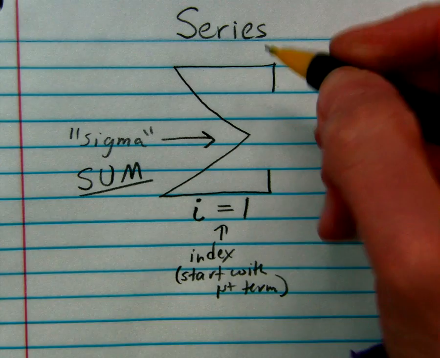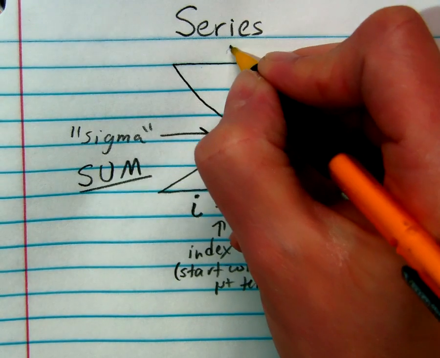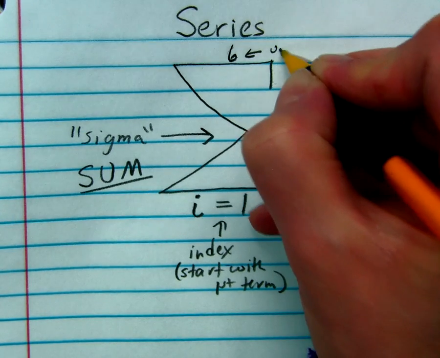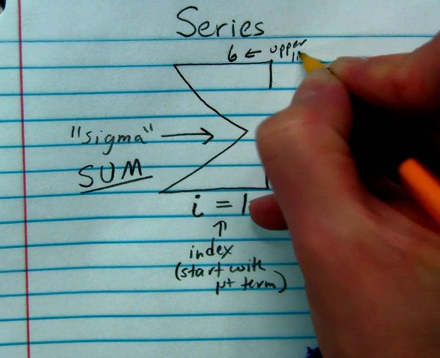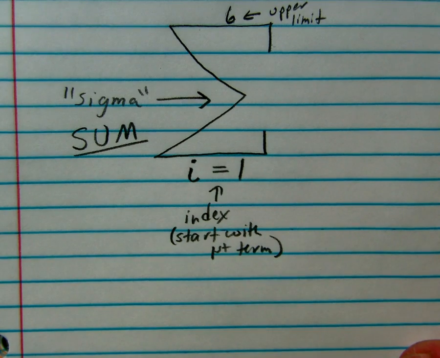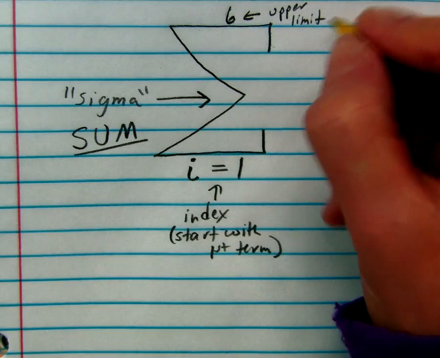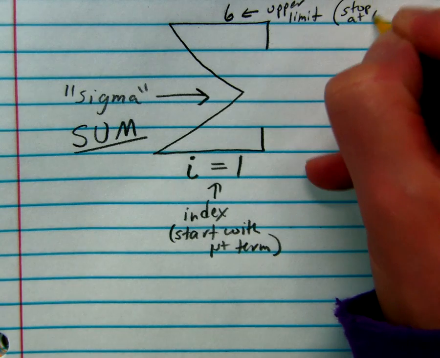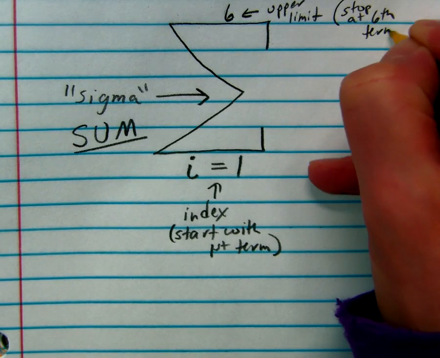And so on the top of the sigma, they'll have another number. I'm going to put a 6 up here, and that's called the upper limit. And that's going to tell you, in this case, to stop at the 6th term.